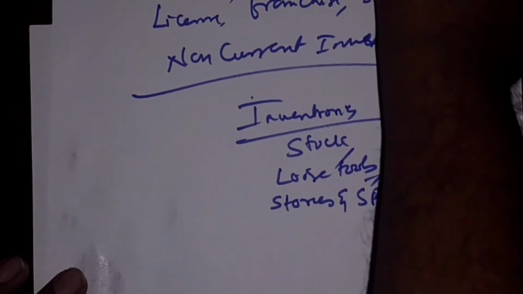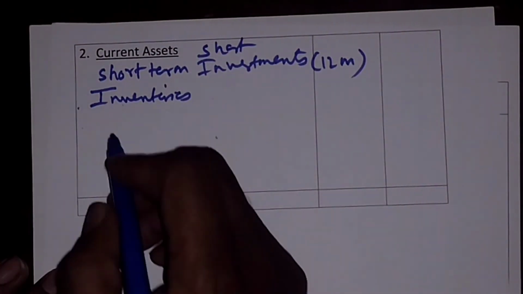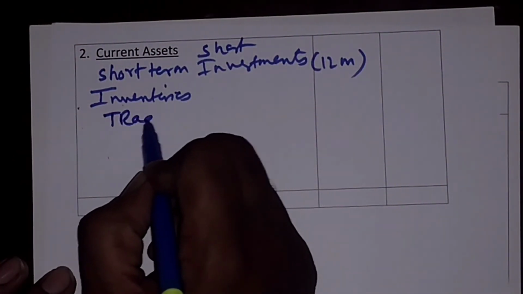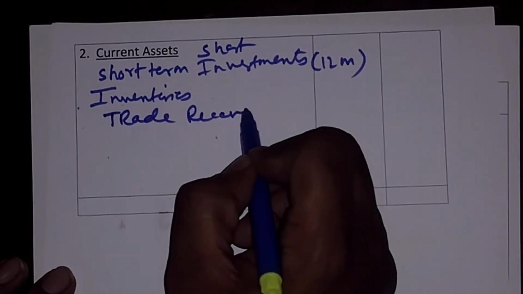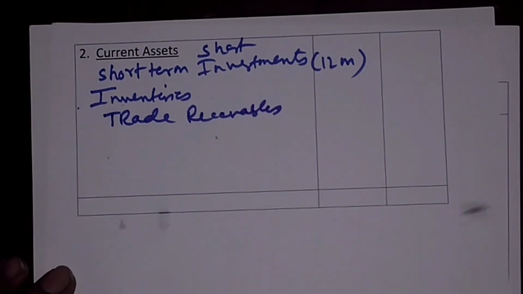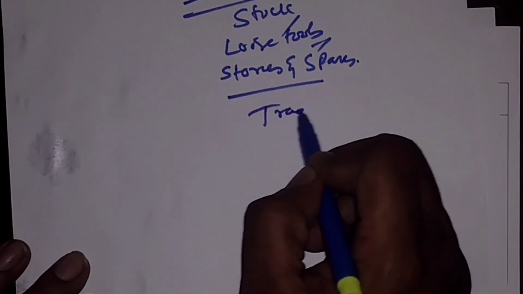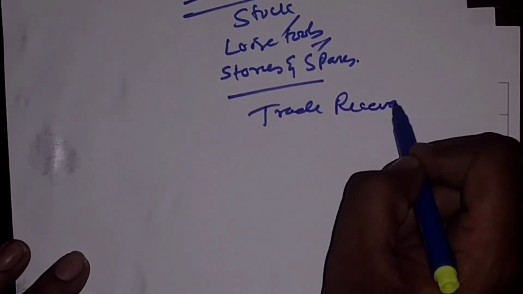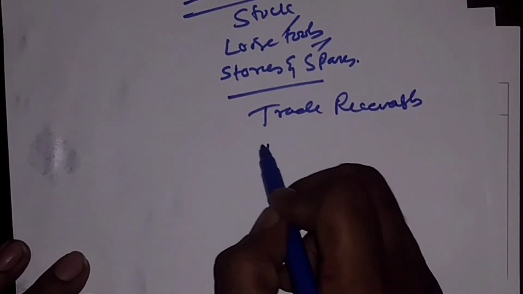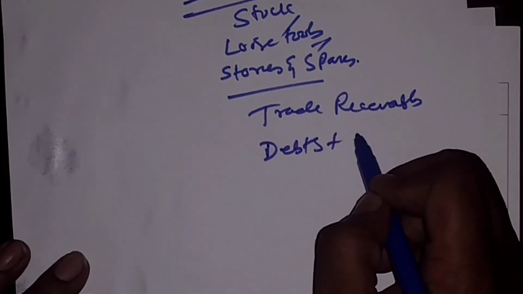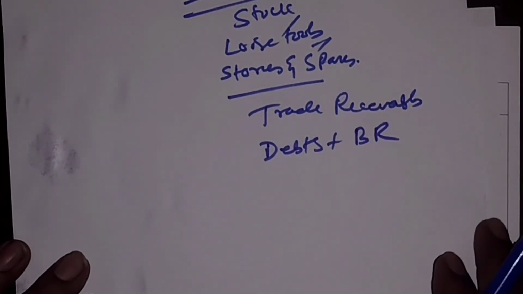After inventories, in current assets we have trade receivables. What are trade receivables? Trade receivables equals debtors plus bills receivable.